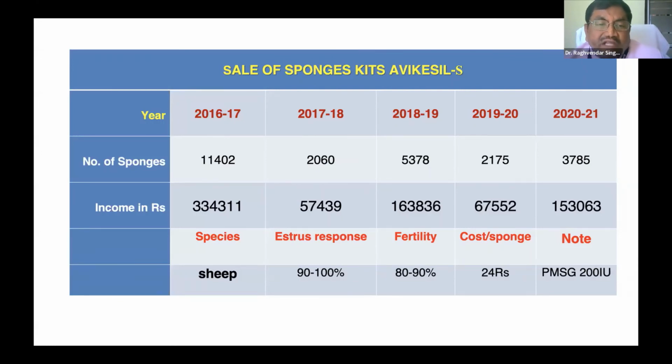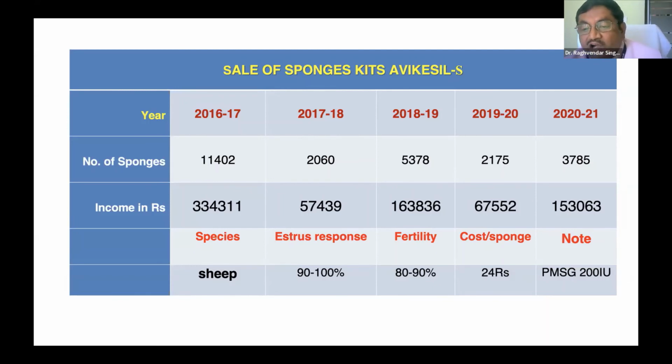So we sell this just for the popularization of this technology. We are selling these sponges at a very nominal cost, no profit, no loss. And see the fertility rate, it is 80 to 90%, and the estrus response is more or less 100%, sheep come into estrus condition.